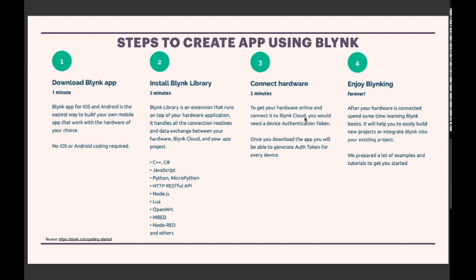After that, connect your hardware to Blynk. For that purpose, you will need a device authentication token, and it will get created in your Blynk app. There is an option of creating an authentication token, and that token is used to connect your device with the Blynk app, and it will also allow you to export or import data from the cloud or send it to the cloud.